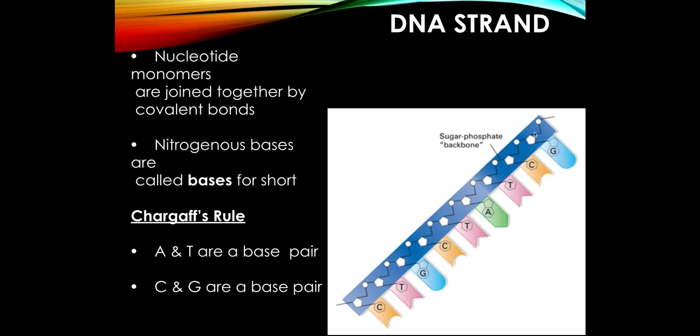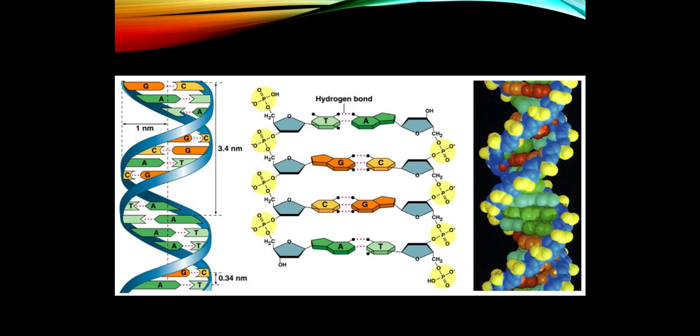One of these sugars, one of these phosphates, and one of these nitrogenous bases make up a nucleotide, and they're all linked together by covalent bonds, which we talked about in our biochemistry unit. Those are a nice strong bond, and they are what make up one strand of DNA.